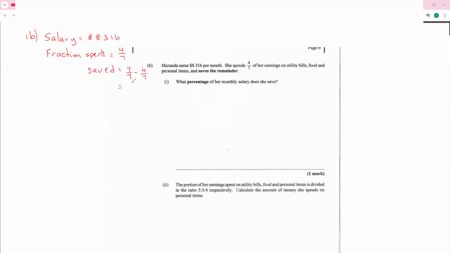So the fraction that is saved would be 3/7. So that's the fraction of her earnings that was saved.